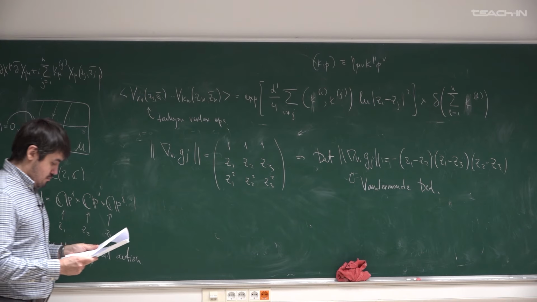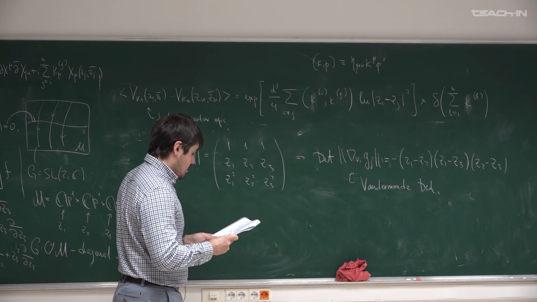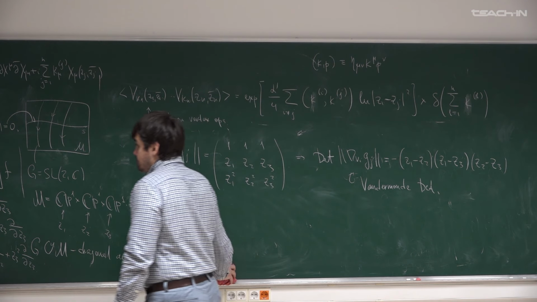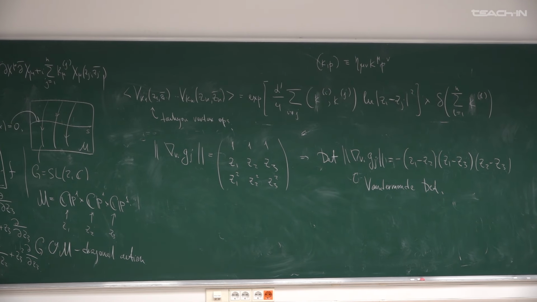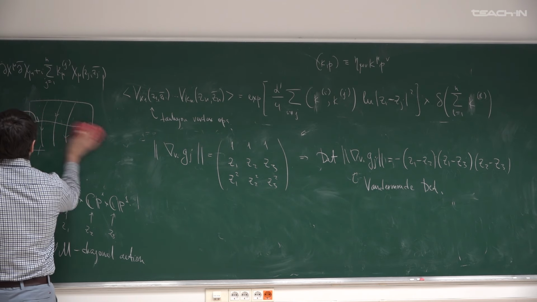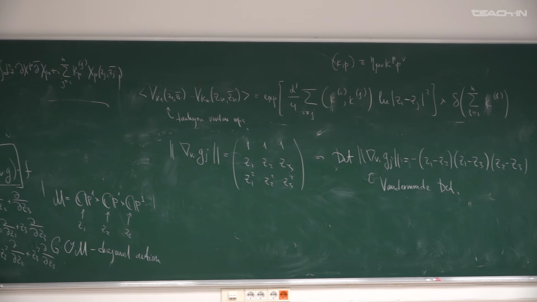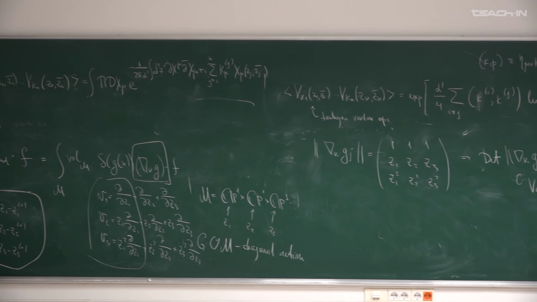So as a result, in this way we drop out the volume of the gauge group, and we write just the integral over this section. So section just means we are restricting to this gauge fixed submanifold, right? I hope this is clear.